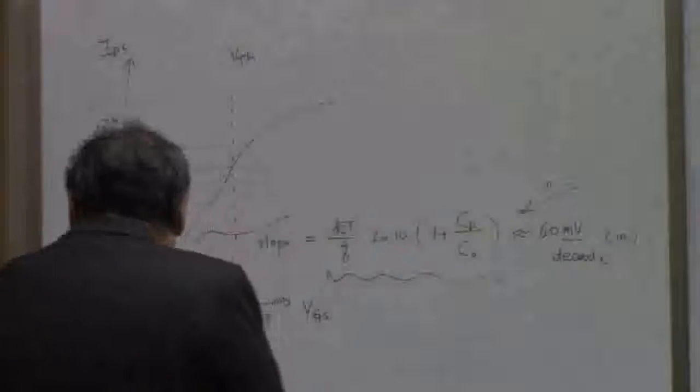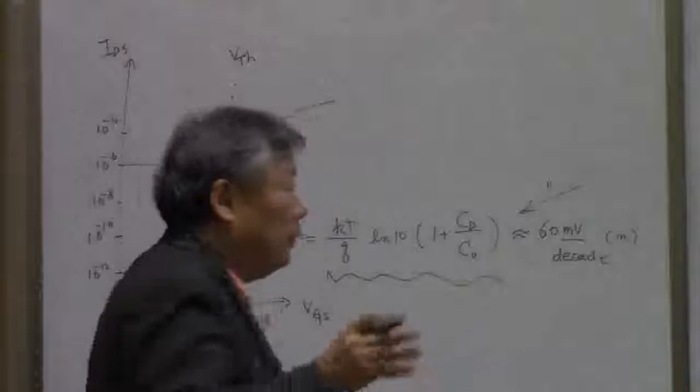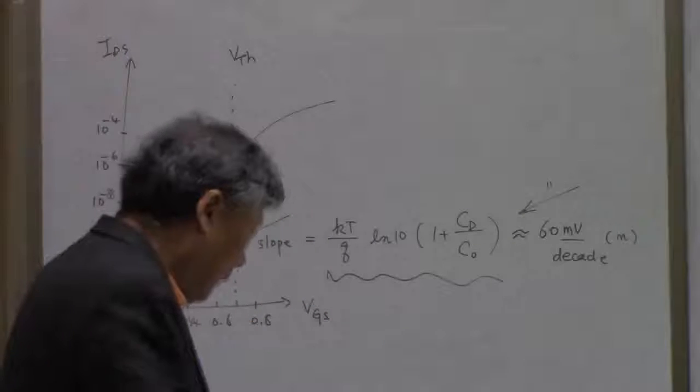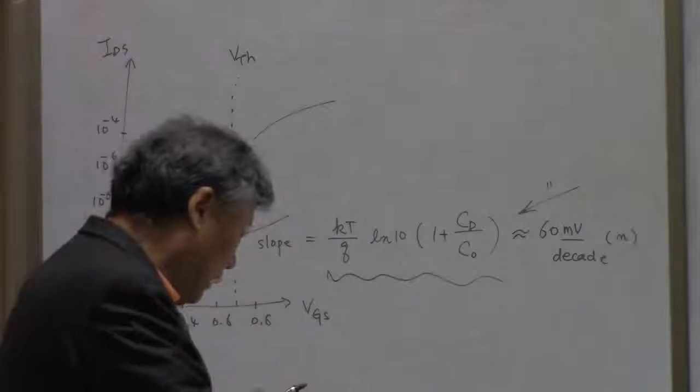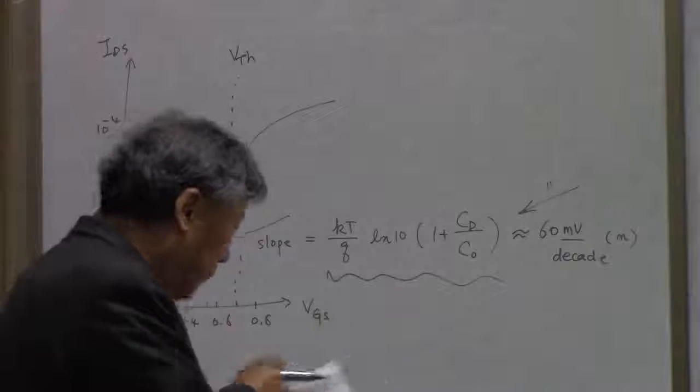Okay, that will wrap up the drain current and sub-threshold current. Let me just make a summary of those two.